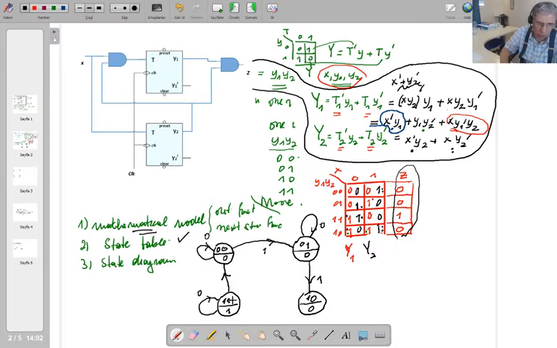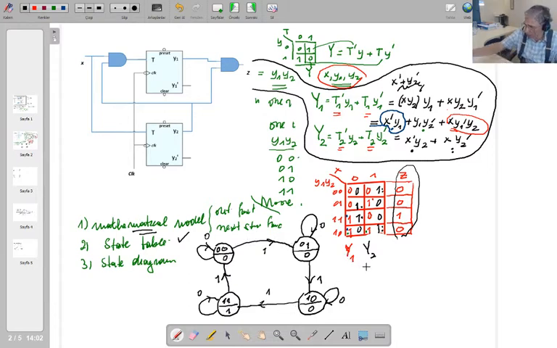From present state 1, 1, go to 0, 0 when the input is 1, as we have done here. So the last one is the 1, 0 state. If you apply 0, it goes back to itself when the input is 0. When the input is 1, your next state is 1, 1. So this is the state diagram.